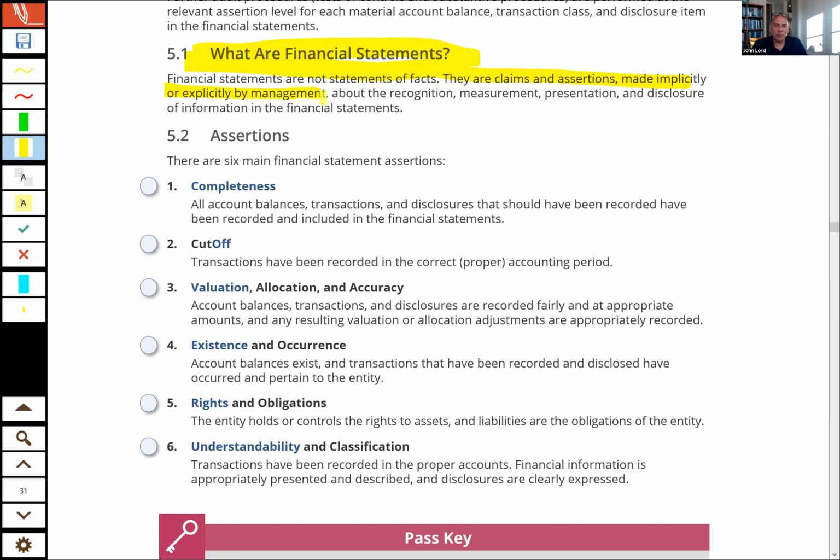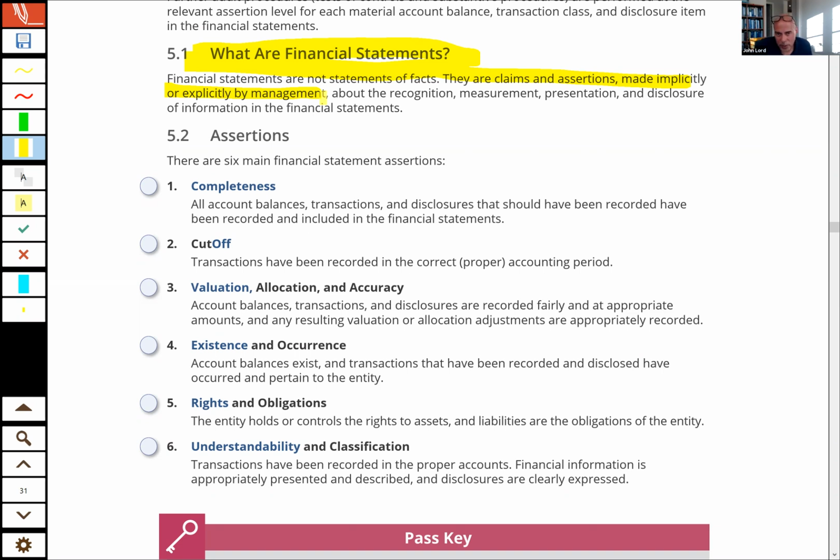If they say building, $10 million, they are asserting that a building exists that they paid $10 million for, and that they own it, because maybe they're just renting. So there are various assertions they're giving to you.